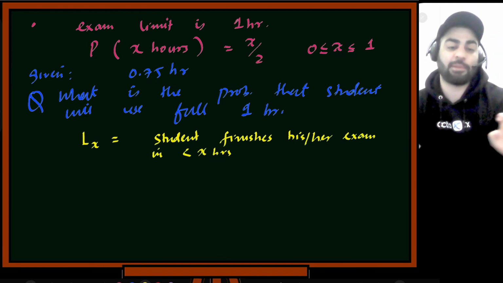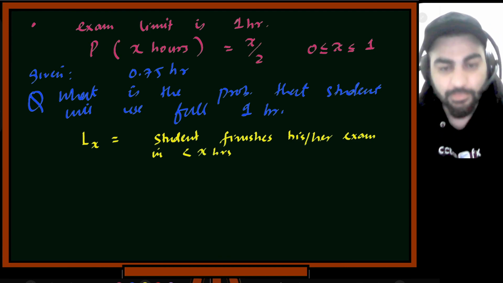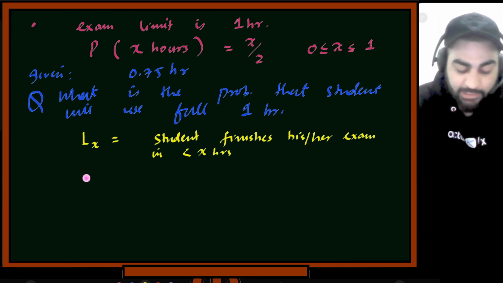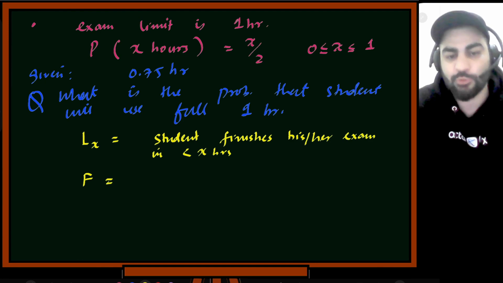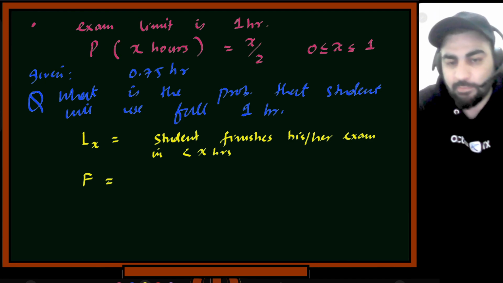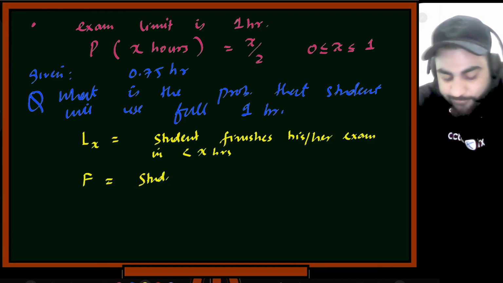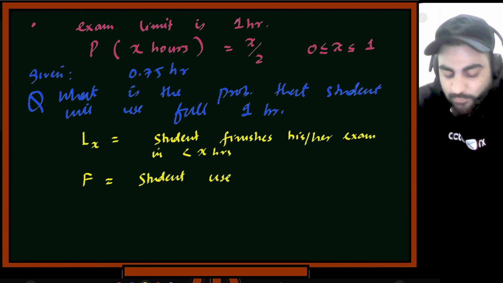This is the first variable I introduced. Then I introduce one more variable, F, which means the student will use the full hour.